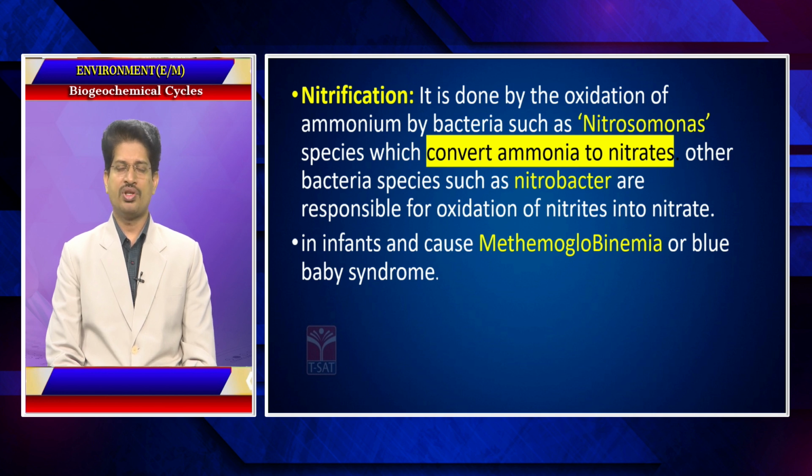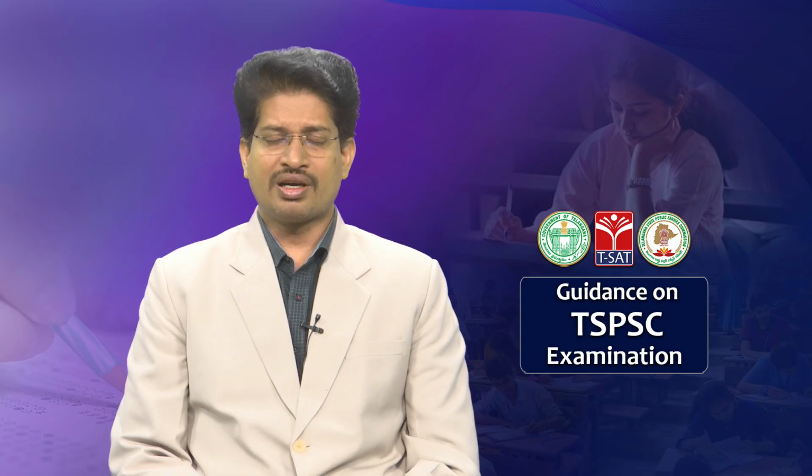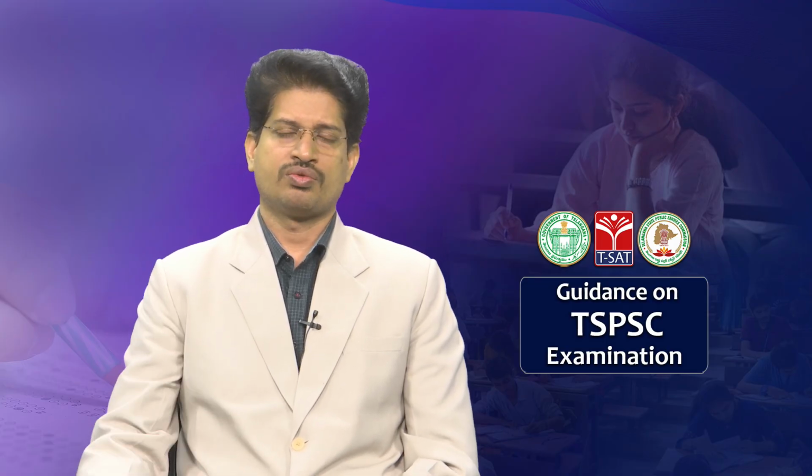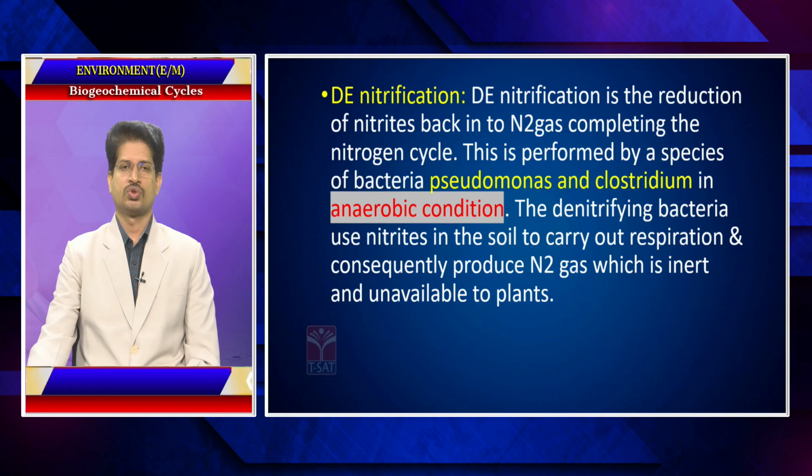When these nitrogenous fertilizers get mixed into the drinking water, it results in a disease in infants or small babies, known as blue baby syndrome. This disease is caused by methemoglobinemia. So, this is caused by the artificial supply of nitrogen to the farmlands, which mixes into the drinking water.